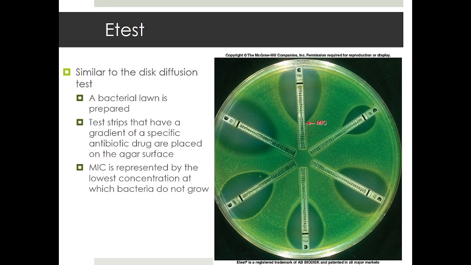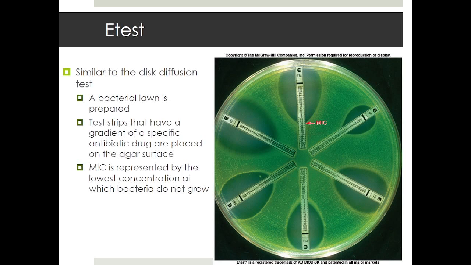The E-test is similar to the disc diffusion method, except it's a little bit more quantitative in nature. You have a semi-quantitative analysis with the disc diffusion method, but the E-test is going to give you a really great numeric value. In a similar fashion, you prepare a bacterial lawn, and then what you do instead of applying discs is you apply a test strip. The strips come pre-made with a gradient of a specific antibiotic drug, and you place those onto the agar surface.